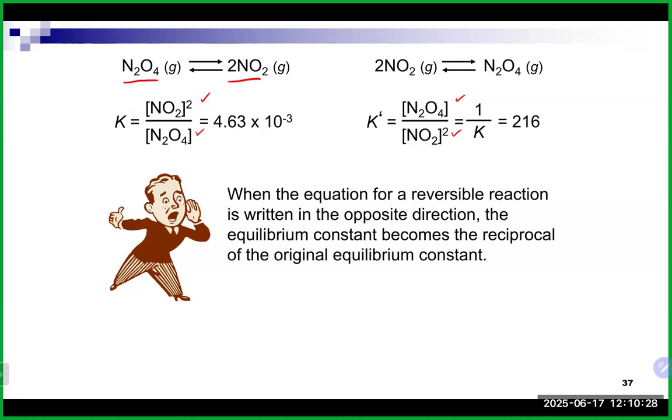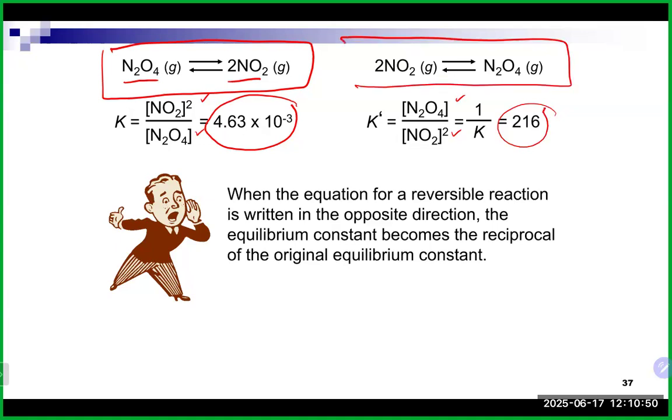Also, when you see a K value written, for example, this number here, that is specifically the value for this reaction exactly the way it is written, with the N2O4 as your reactants and the NO2 as your products. If you say the K value for this reaction is 216, that is specifically for the way this reaction on the right is written, with the NO2 as the reactants and the N2O4 as the product.